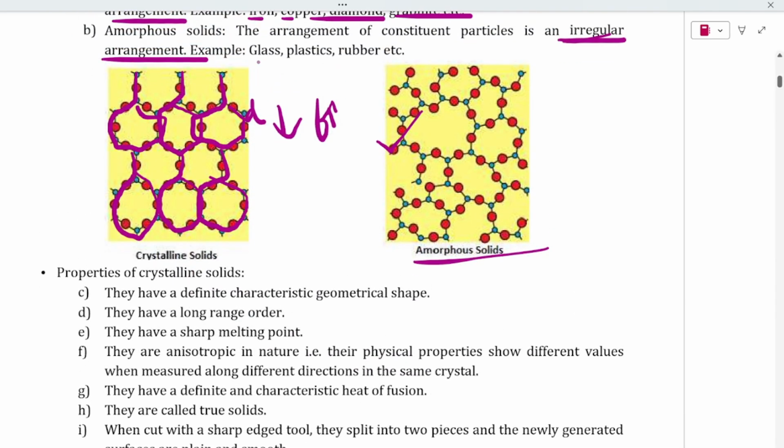Examples are glass, plastic and rubber, which have irregular shapes. Some plastics may have a hexagon here or some other shape there. So it has a very irregular shape, that is called amorphous, and crystalline will have a very regular shape.